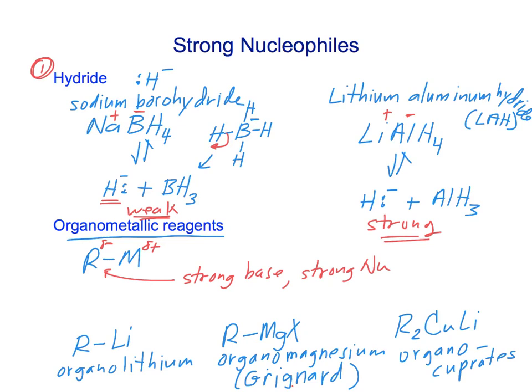The organocuprates are much less basic, and so they're going to have very special uses. What we're going to do from here, first we're going to spend time tomorrow looking at reactions of all of these carbonyl groups with hydride. These are going to be reduction reactions. And then we're going to go into the carbon nucleophiles.